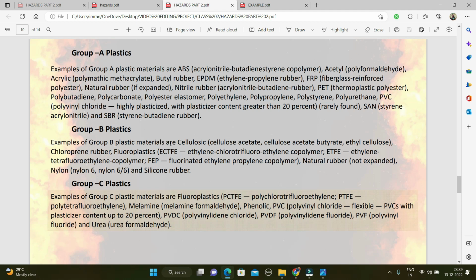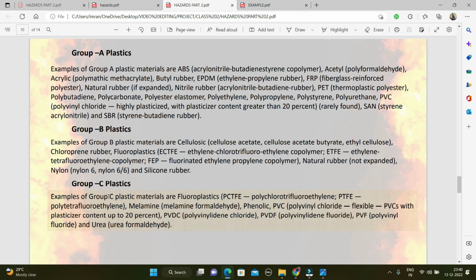Also group B plastic. Group B plastic materials are cellulosic, ethylene, tetrafluoroethylene, copolymer, silicone rubber, natural rubber but not expanded. This natural rubber, if expanded, we will consider as group A plastic, but non-expanded it will be considered as group B plastic.